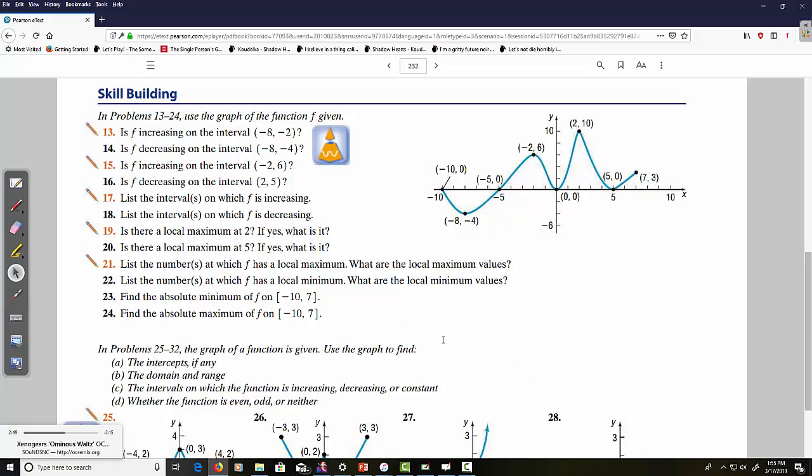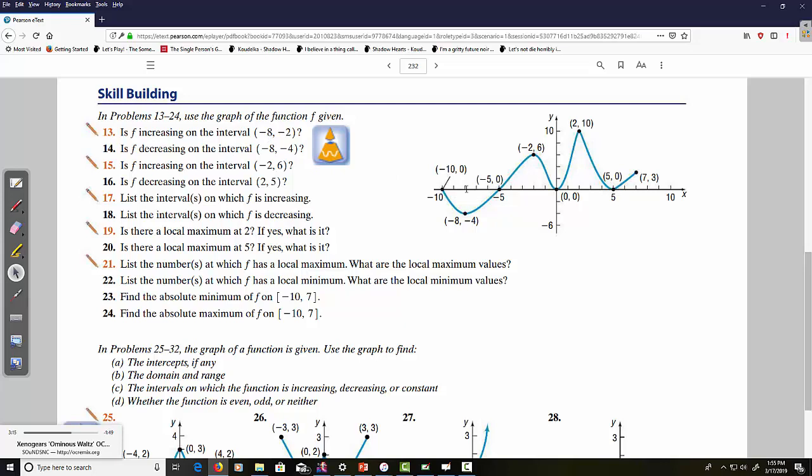A function is increasing if it's going up as it goes left to right, and it's decreasing if it's going down as it goes left to right. When we look at between -8 and -2, the function is increasing on that interval because it increased from a y value of -4 to a y value of +6 on -8 to -2. So yes, the answer to that is yes.